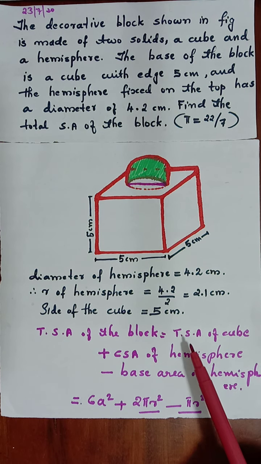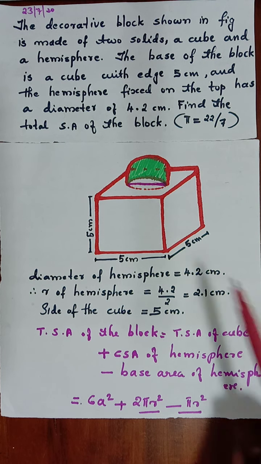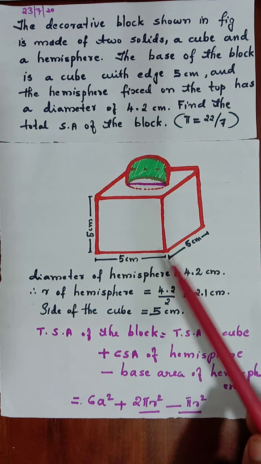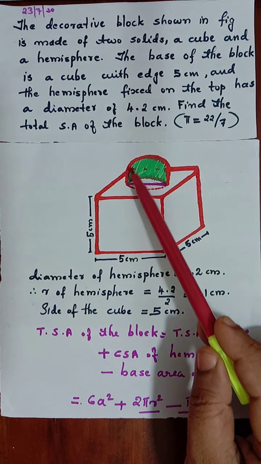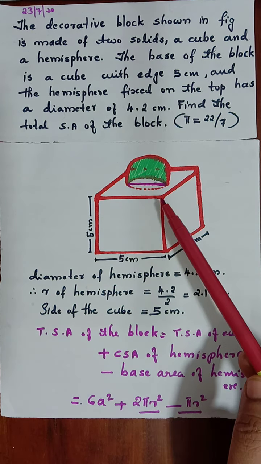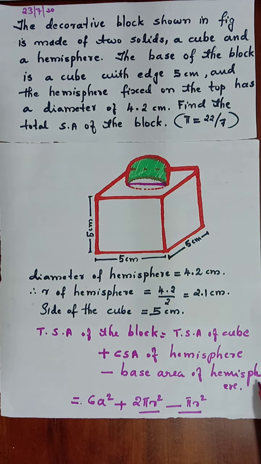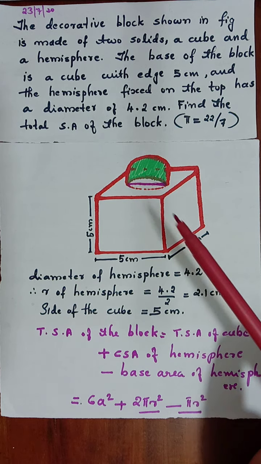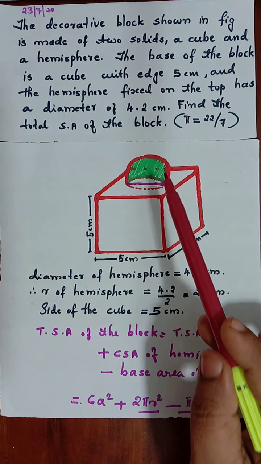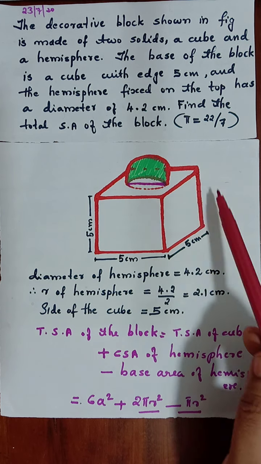Hope you understood. First, the TSA of the cube, that means all the 6 square faces we are considering, plus the CSA of the hemisphere, that is this portion, minus the base area of the hemisphere. Because on top we don't see the hemisphere's base area that is attached to the top of the block.